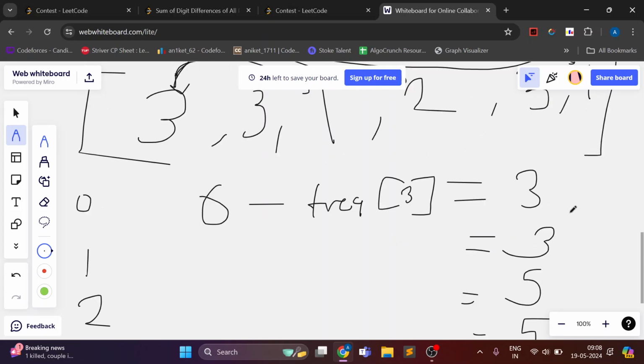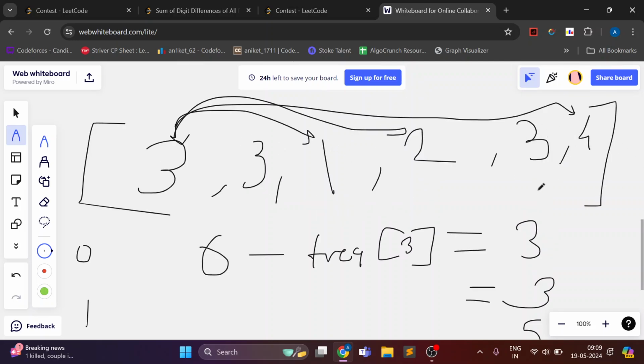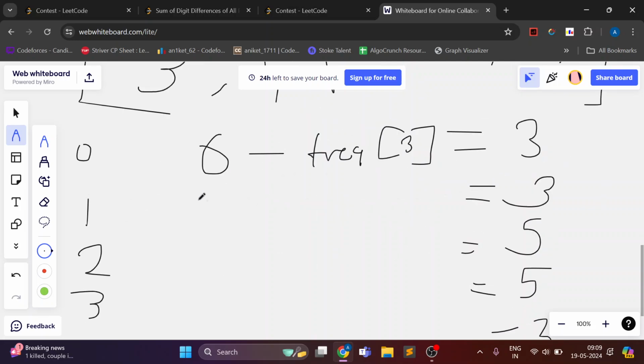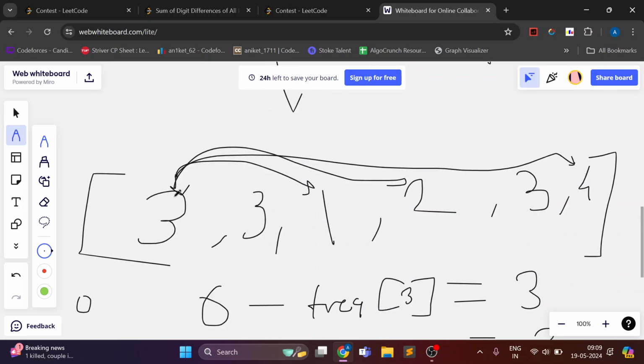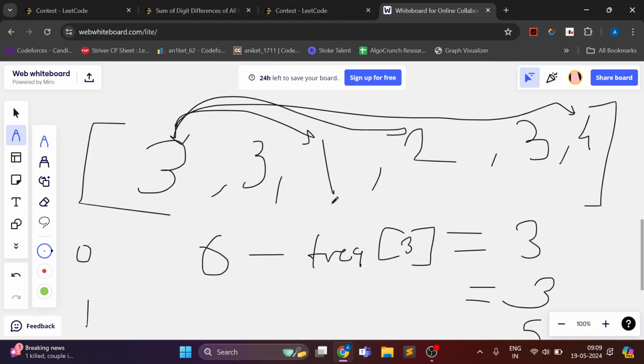Now this is the contribution of the element at the 0th position with all other elements. Similarly, 3 for the first index is the contribution of the element at the first index to all other elements. So for the 0th index, this 3 can be paired up with 1, 2, 4. Now while counting the contribution of this one, we also counted the contribution which was already calculated by 3, 1.